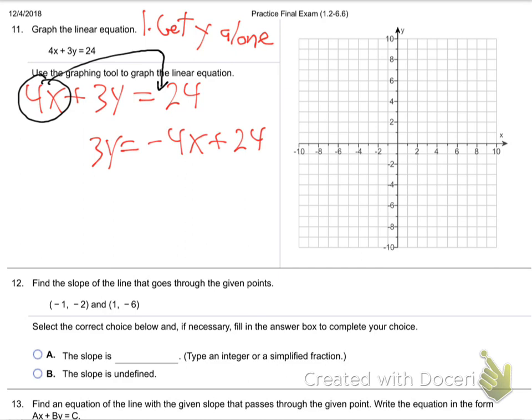And then next, we're going to divide through by 3. So what do we got? y equals minus 4/3 x plus 8. Good to there? We all happy about that?